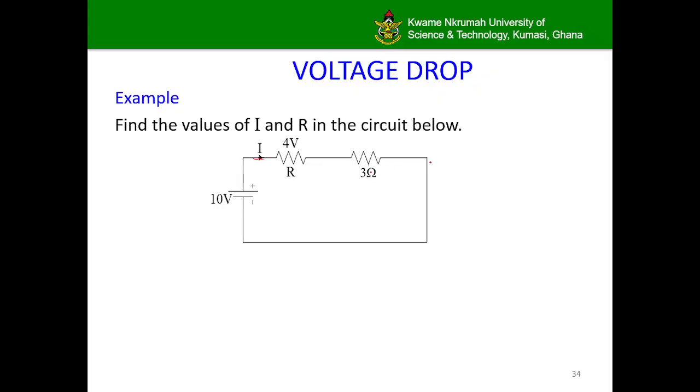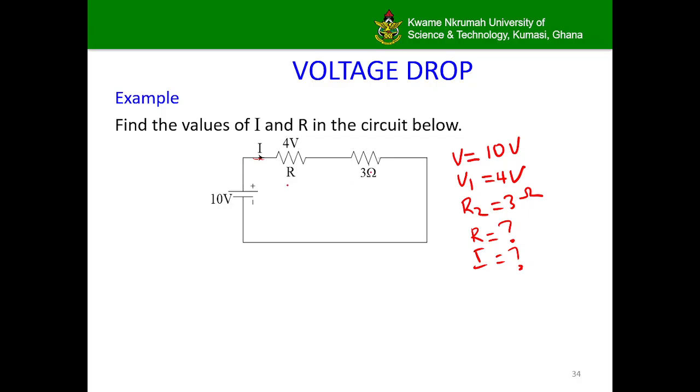What we've been given in the circuit is, we know what the total voltage is, V, which is 10 volts, and then we know the voltage that is dropped in the first resistor, V1, which is 4 volts. We also know the resistance of the second resistor, R2, which is 3 ohms. And so we have to find R and then I.